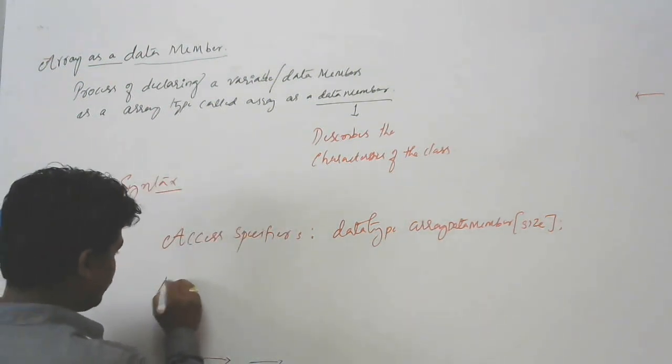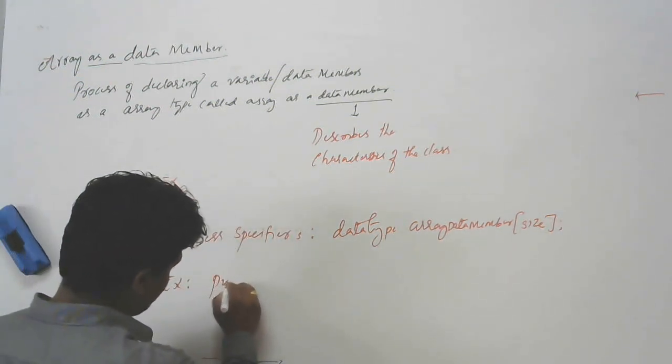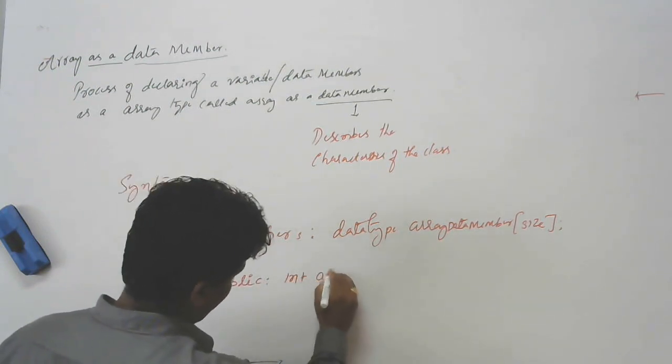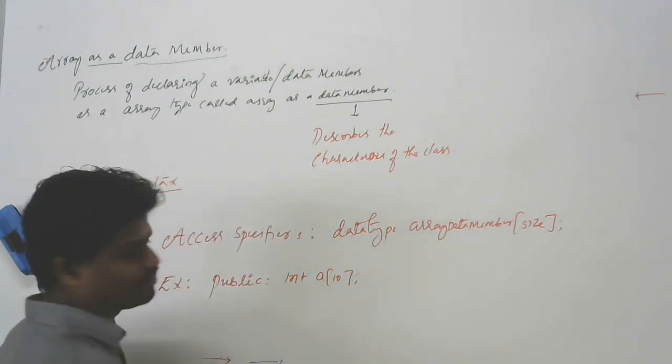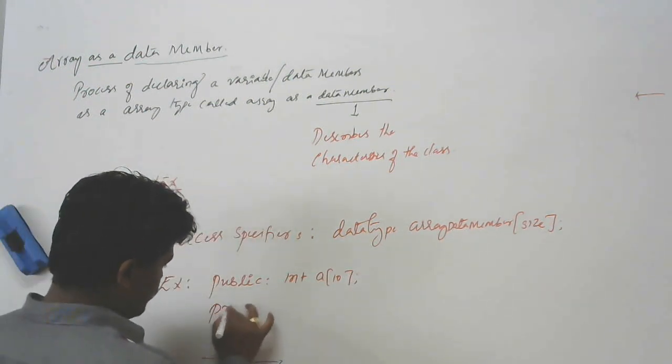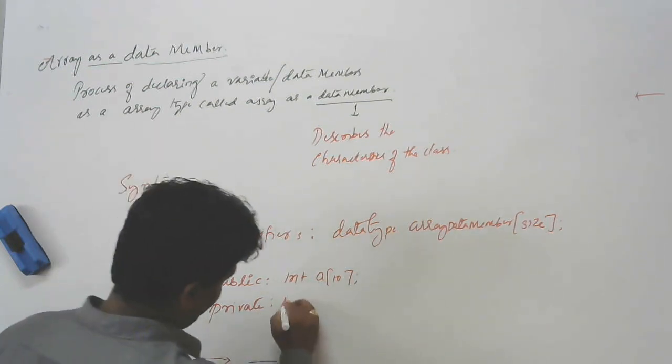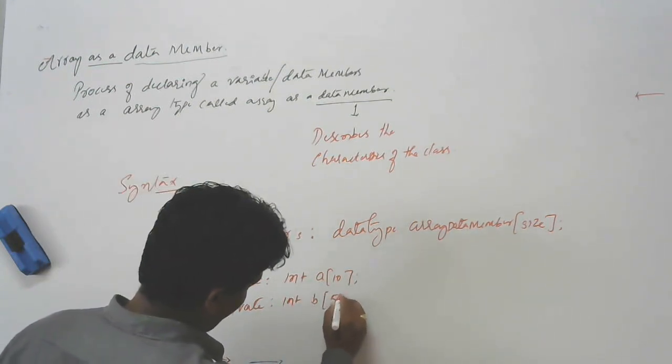For example, I will take public int a of 10, or you can take private int b of 5.